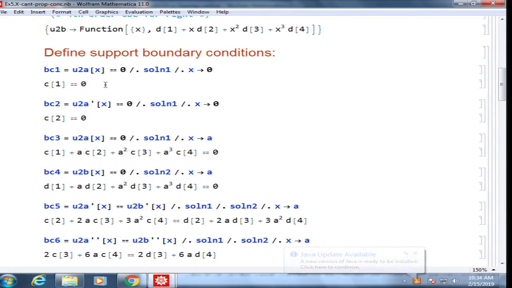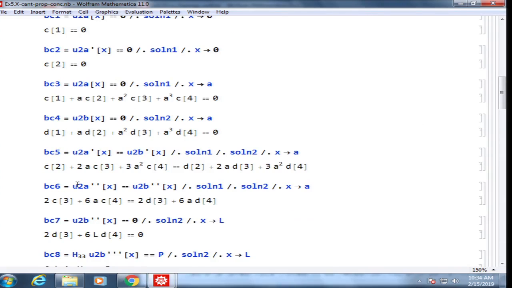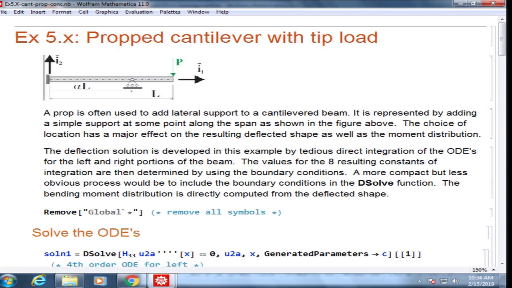I have found C1 0, C2 0, C1 plus some conditions with C2, C3, C4 0, and so I get 8 equations with 8 constants, because when you integrate this equation you will have C1, C2, C3, C4 as integration constants, and when you integrate the other equation you will get D1, D2, D3, D4. So you have 8 constants and 8 linear algebraic equations in the Cs and Ds, and you'll use that to solve for them.